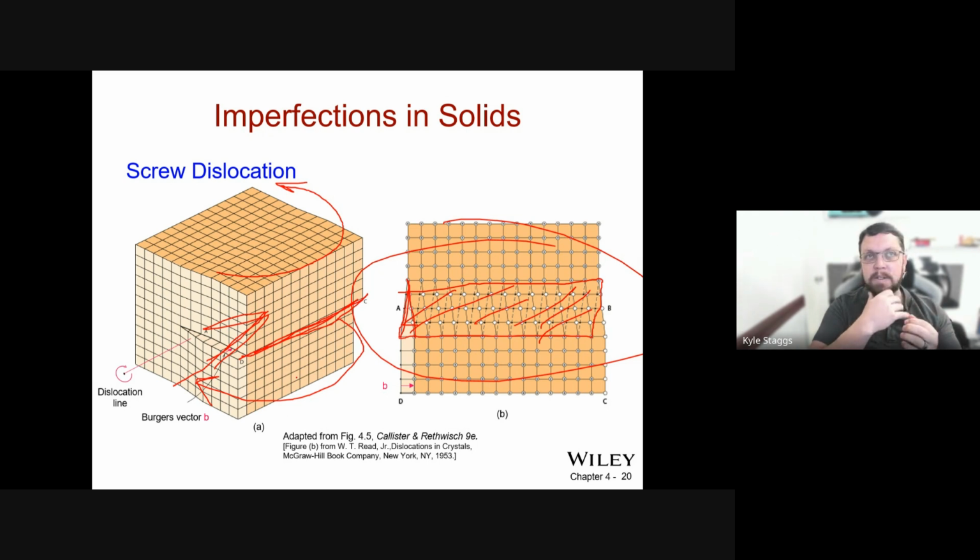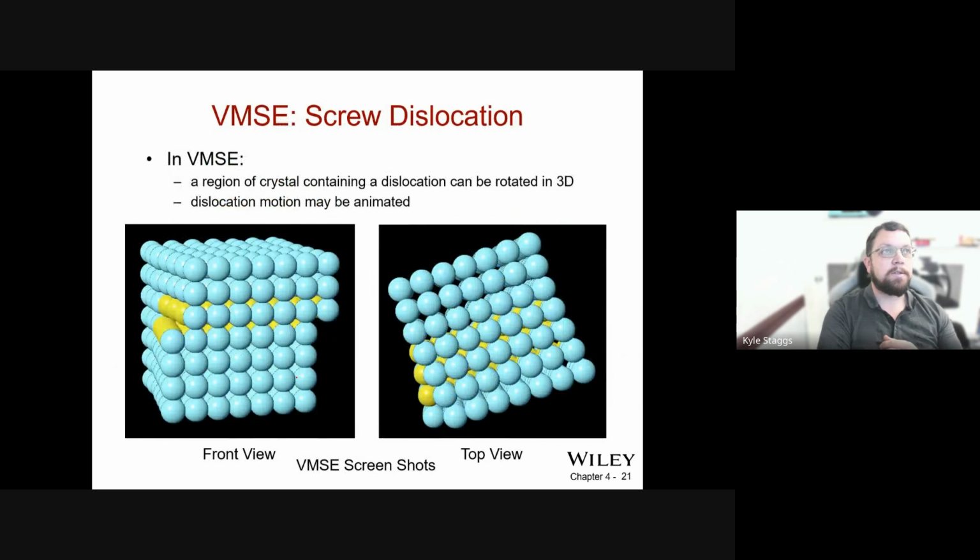But this is often something that happens very suddenly, so it's not something that's super obvious. And in the visualizer for the text, they have an example of what this looks like. Everything shifts over one bond number in this group, but then you don't have a direct bond of all of the atoms exactly anymore in layers.